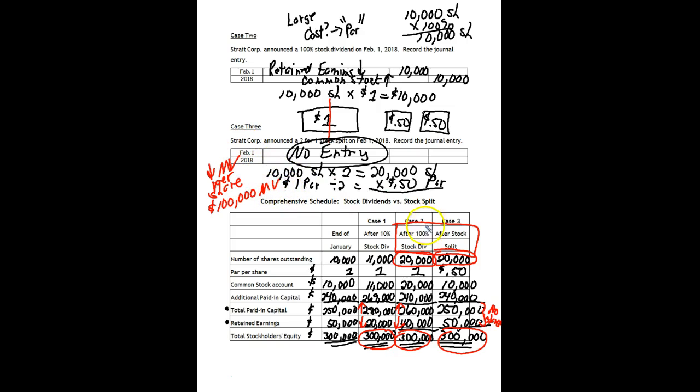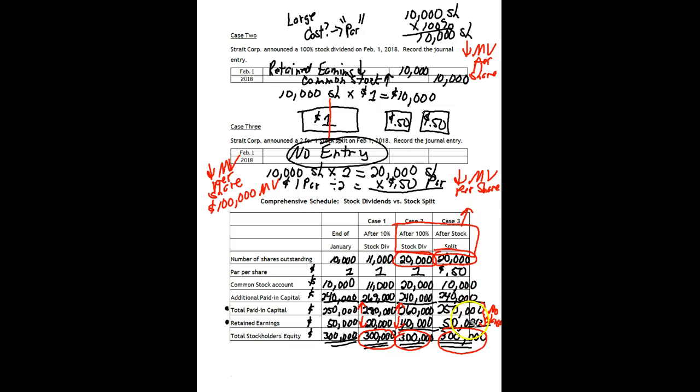So stock splits are used to effectively reduce the market price or the market value per share. Likewise, 100% stock dividends are also used to reduce the market value per share. Both of these are tools to do that.